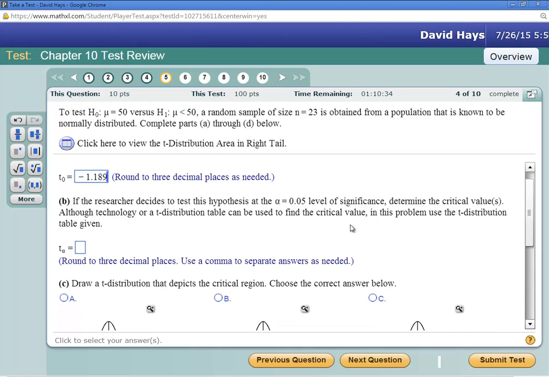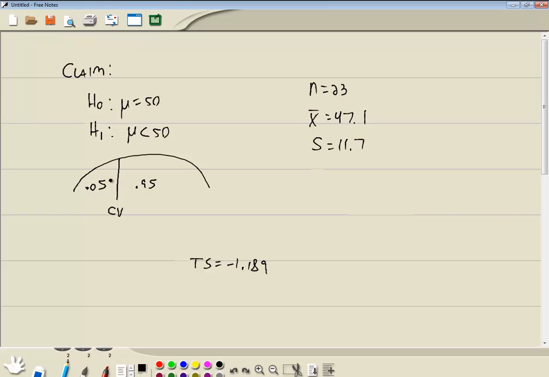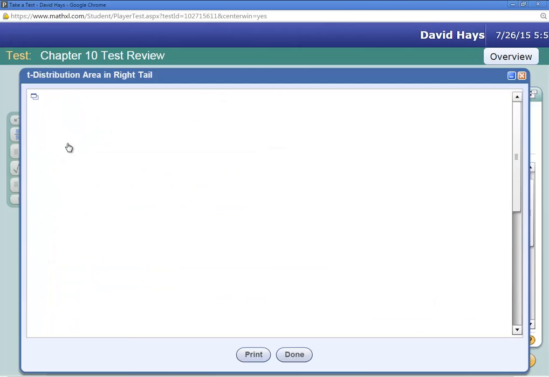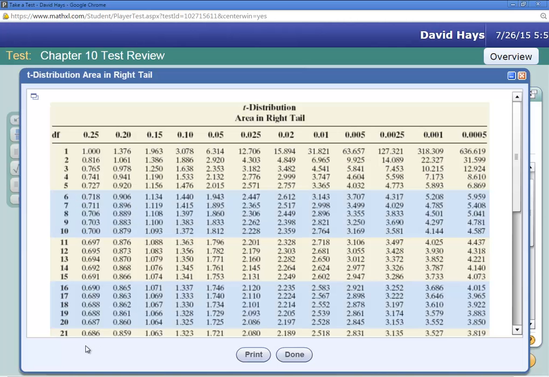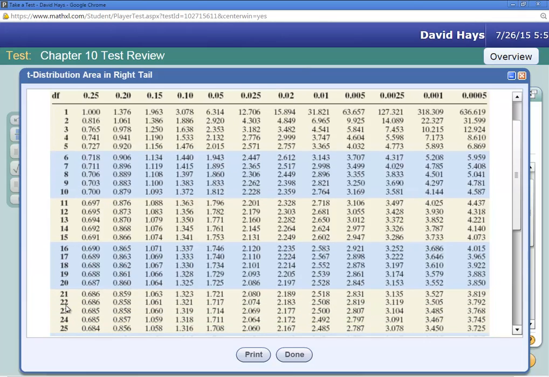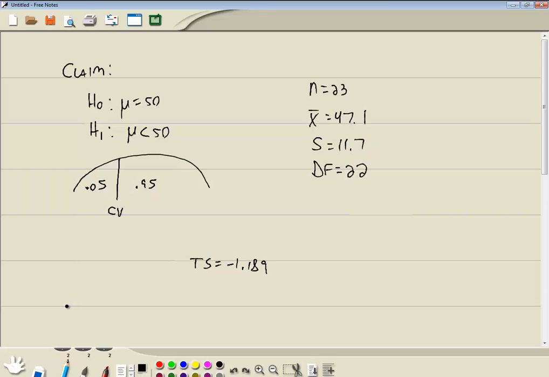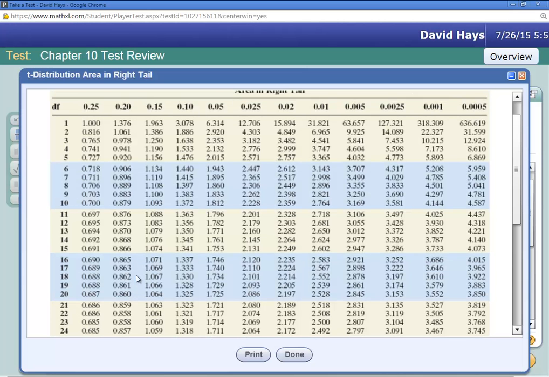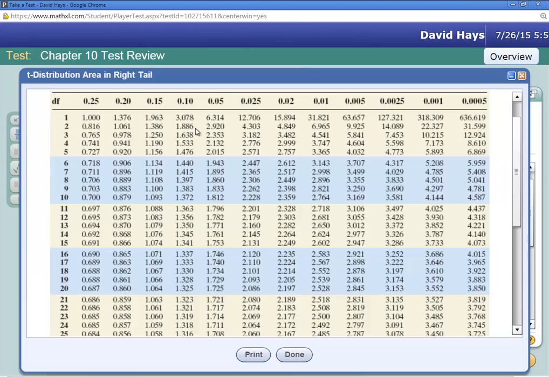Okay. And now we find the critical value. And we do this with the t-distribution table again. Now our area in one tail is 0.05, and our degree of freedom, since n is 23, is going to be 1 less, which is 22. So I'm looking up 22 for degree of freedom and 0.05 for area in one tail. Here's 22, and degree of freedom, okay, 0.05, there it is, 22.